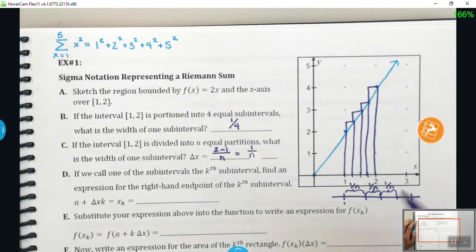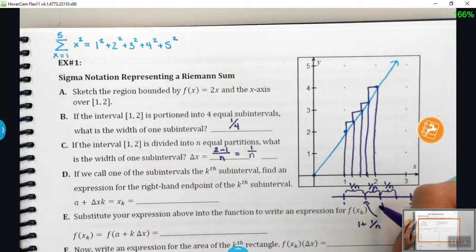So this location right here, the second location would be 1 plus 1 over n. Yes? Are you with me? This location would be what? 1 plus 2 over n.